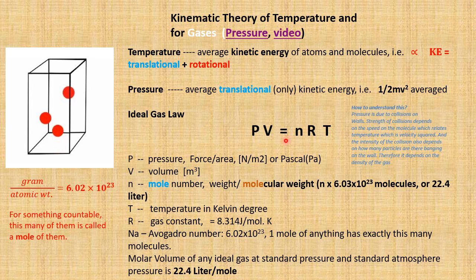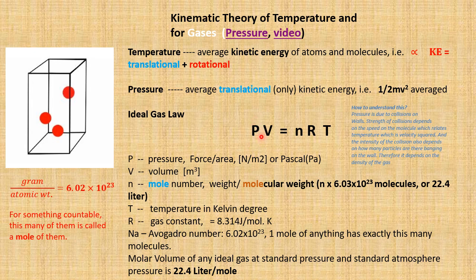That's reflected in this equation, called the ideal gas law. If temperature goes high, the speed goes high, they hit the wall with a stronger force, and pressure goes high.